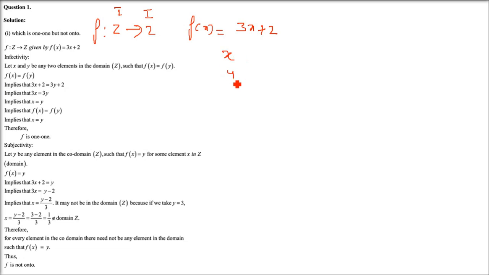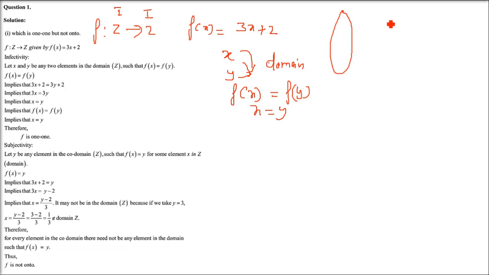It says that if x and y are two elements in the domain, and f(x) is equal to f(y), that is, the images of x and y in the other set, then x has to be equal to y if it is one-one.